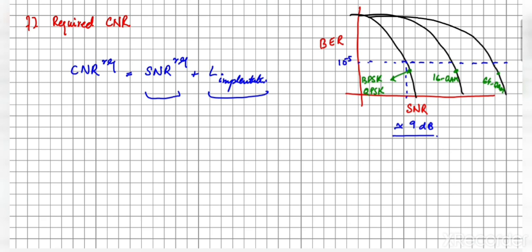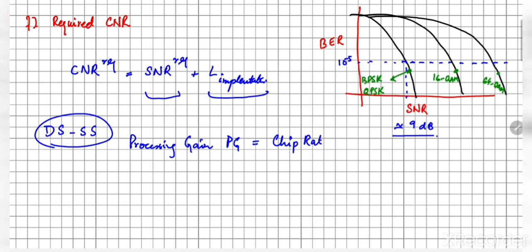By the way, in the context of direct sequence spread spectrum systems, there is something referred to as processing gain. Processing gain is abbreviated as PG and is equal to the ratio of chip rate to bit rate.